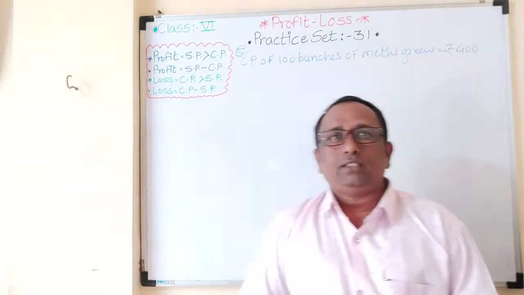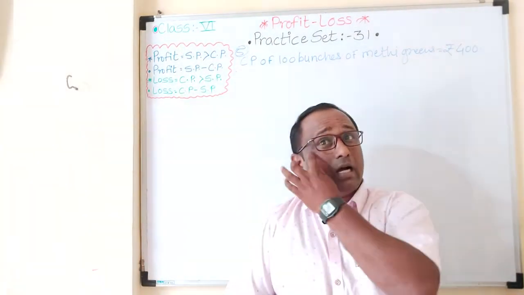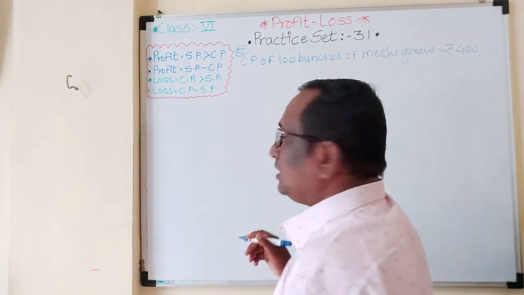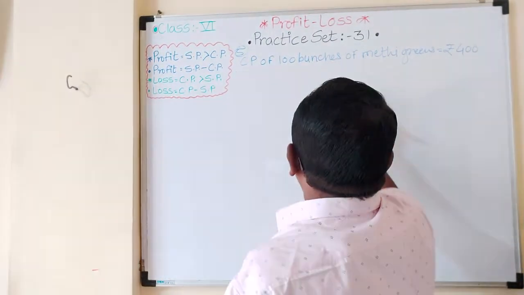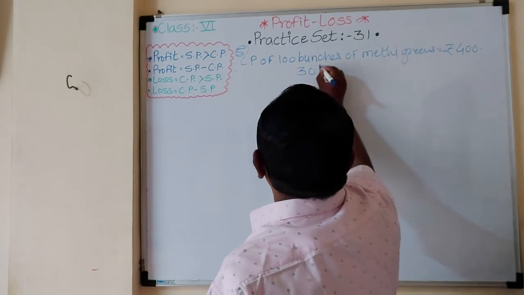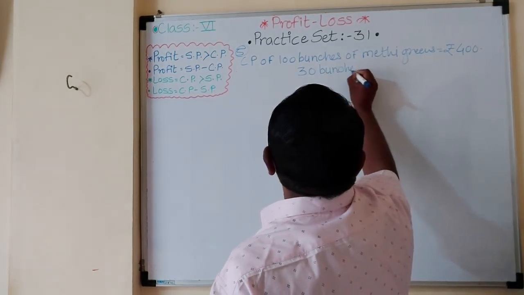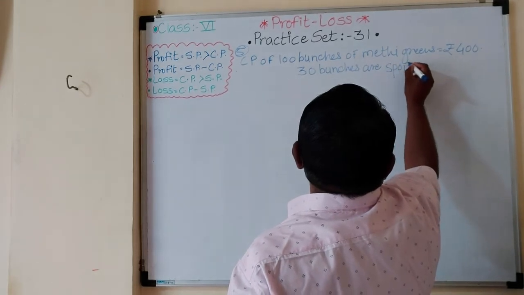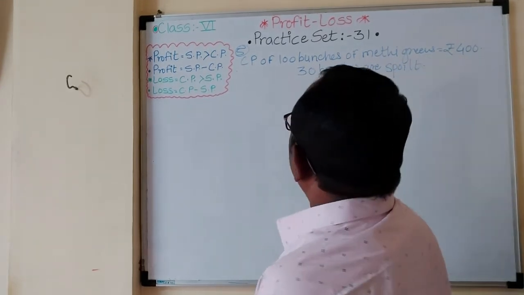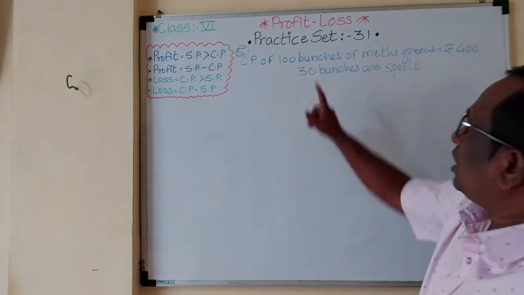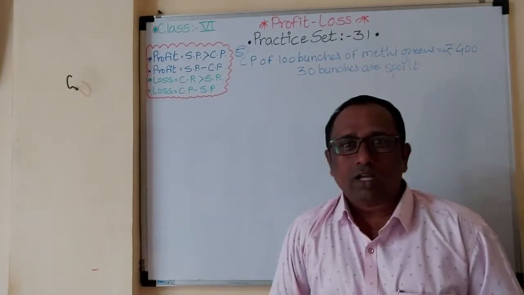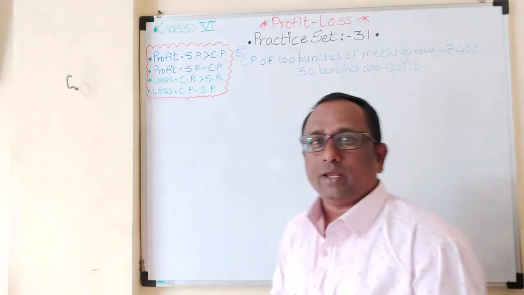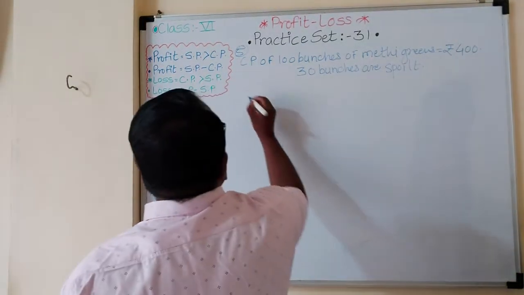Now cost price is given. Then out of that, 30 bunches are spoiled, meaning damaged. So out of 100 bunches, 30 bunches are spoiled. Then we have to find the remaining bunches of methi greens.